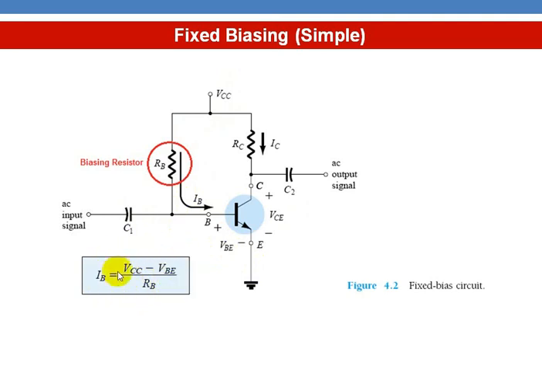Whenever there is variation in the parameters, that will not affect this current, and therefore this circuit is not stable, and here the collector current cannot be maintained constant.